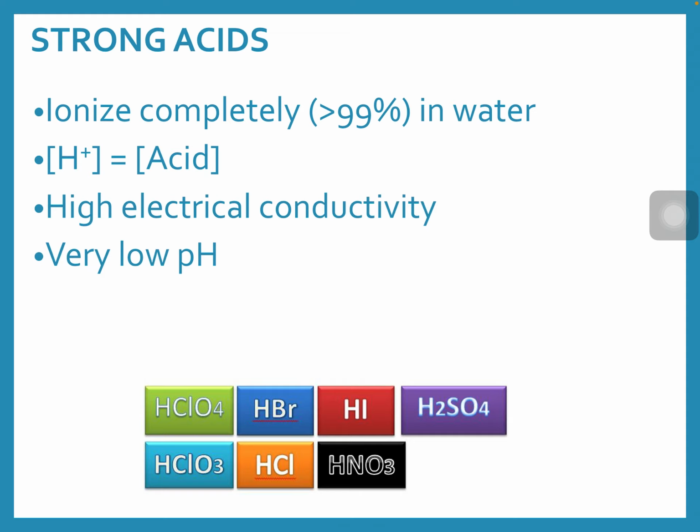We'll look at calculations of that in the 4U course. Some examples of very strong acids are perchloric acid, chloric acid, hydrochloric acid, hydrobromic acid, hydroiodic acid, nitric acid, and sulfuric acid.